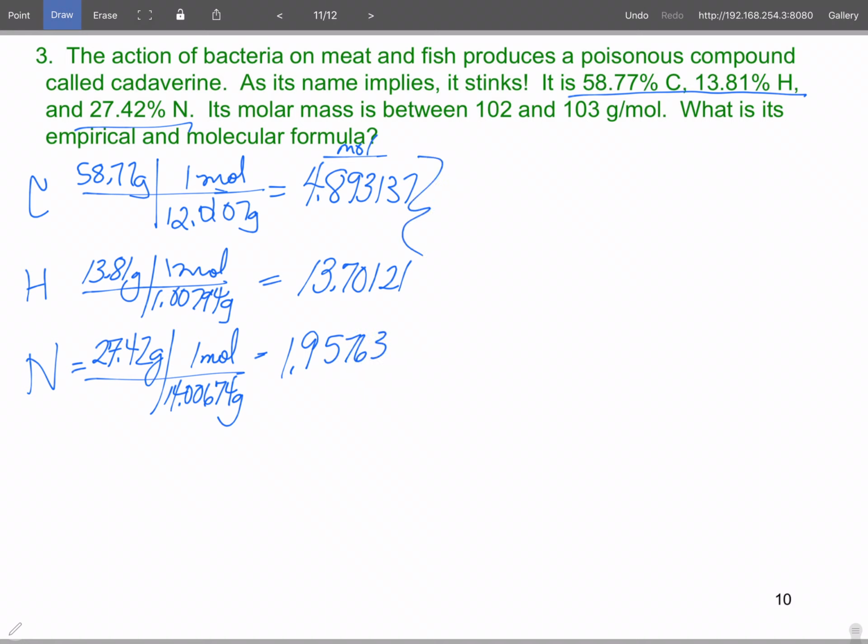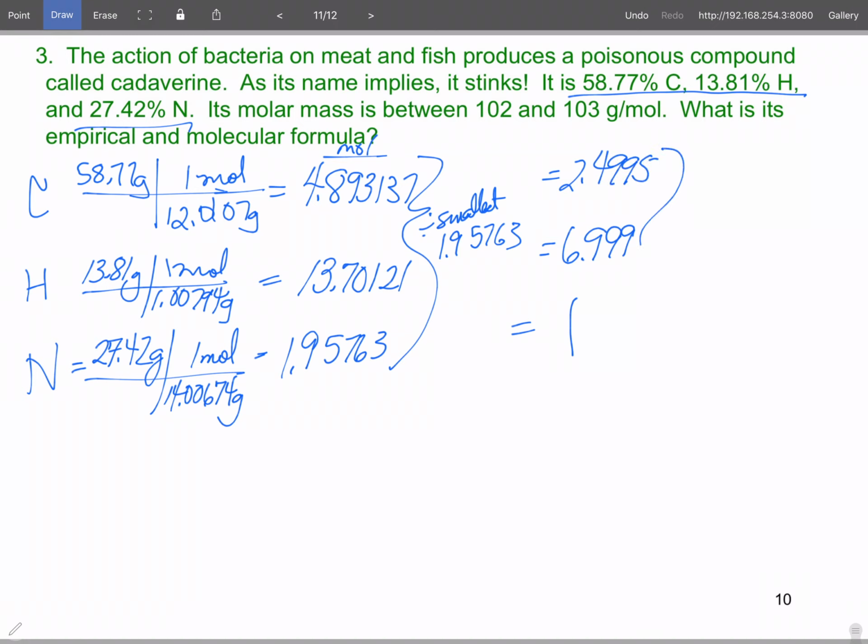So we're going to divide by the smallest, which in this case is the nitrogen, 1.95763, which means this one's 1. This one comes out to be 6.999, and this one comes out to be 2.4995. So when we round it, this goes to 2.5, this goes to 7, and this goes to 1.